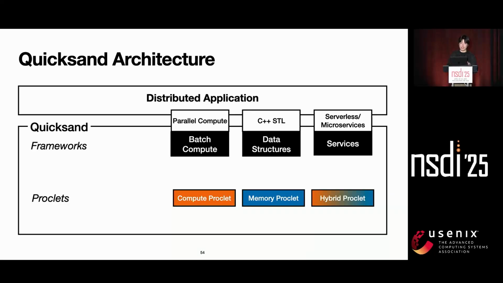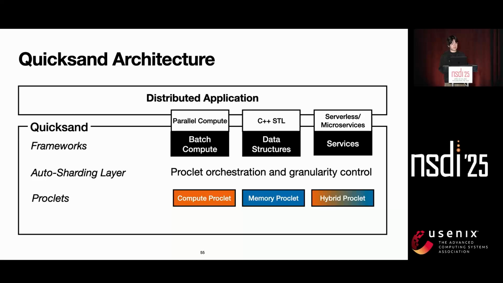Application developers only need to interact with these frameworks without needing to manage proclets. Internally, an auto-sharding layer manages proclets and splits and merges proclets to keep them fine-grained. Finally, the Quicksand runtime schedules and migrates proclets and monitors their usage to make sure that they're primarily using their intended resource.